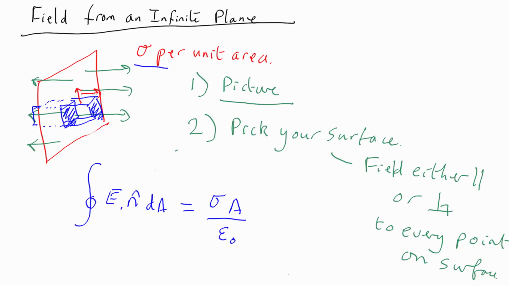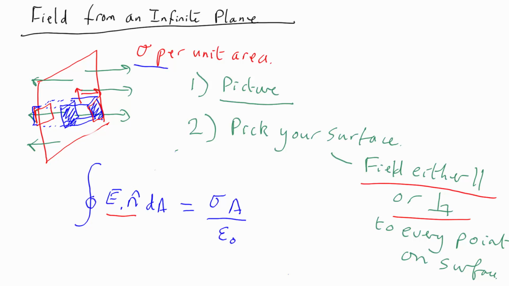They're at right angles, so the dot product is 0. So that's what we said by picking a field either parallel or perpendicular. If you've got a field that's parallel, you can just ignore the surface integral. You don't have to work it out because it's 0. So in fact, all that matters is the surface integral over the two ends, because everywhere else that surface integral is 0.